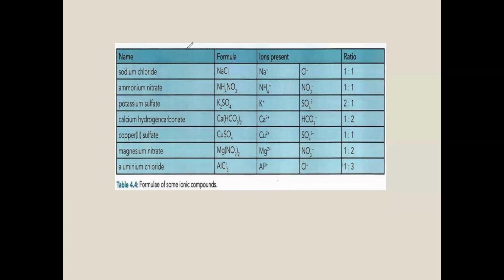Remember, there is a compound ion, which is the ammonium. Another compound ion, nitrate. Ammonium is NH4 positive 1, and the negative ion is nitrate, and the ratio is 1 to 1. 1 ammonium to 1 nitrate.